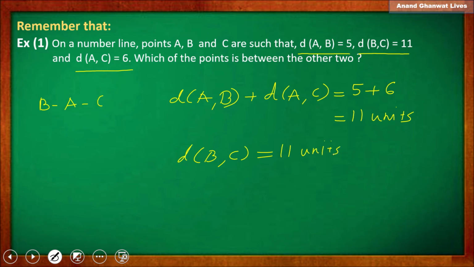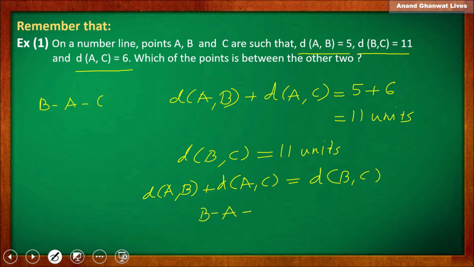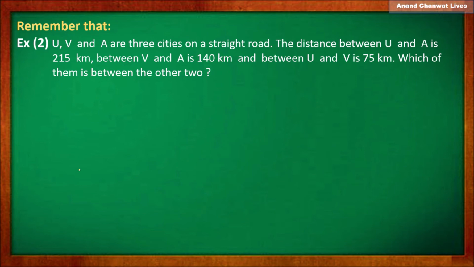Now compare these two. What is the result? The distance between point A comma B plus the distance between point A comma C is equal to the distance between point B comma C. Means B and C are extreme points. Therefore B dash A dash C is the betweenness. Means A lies between point B comma C. Okay.